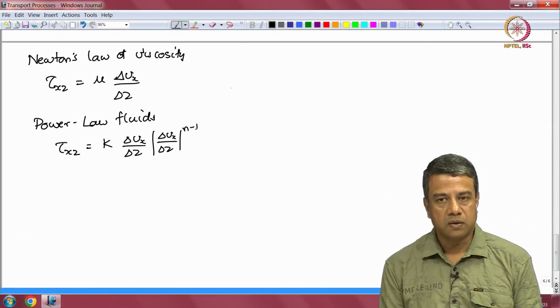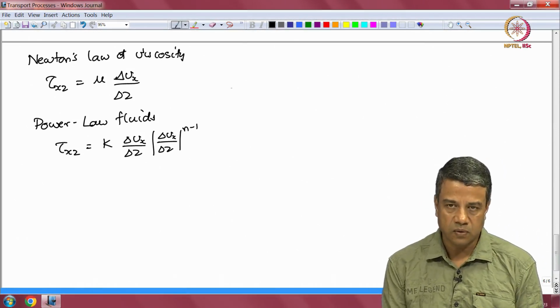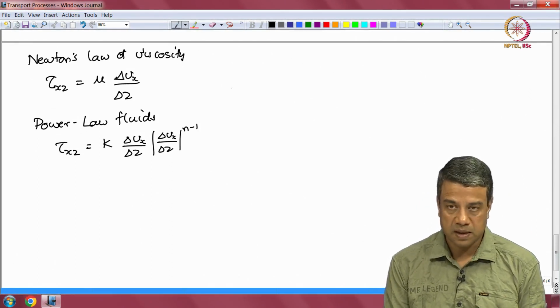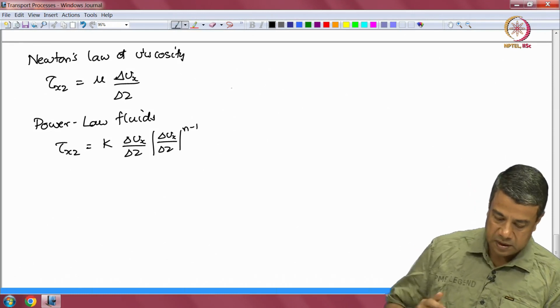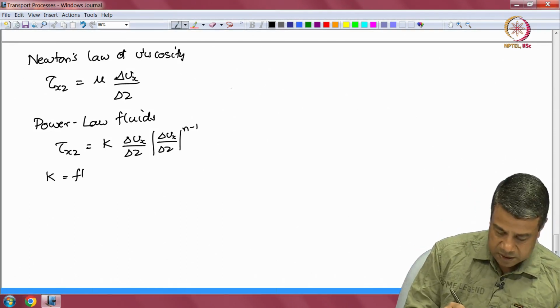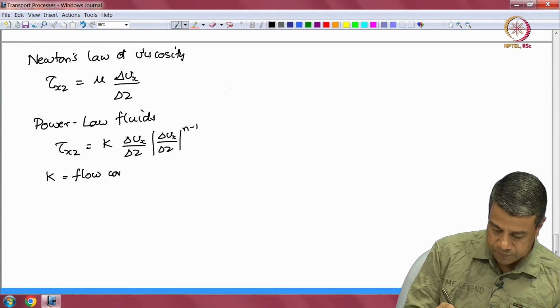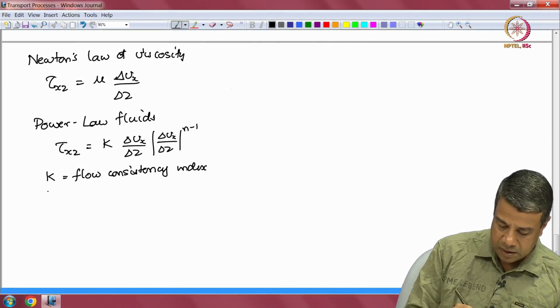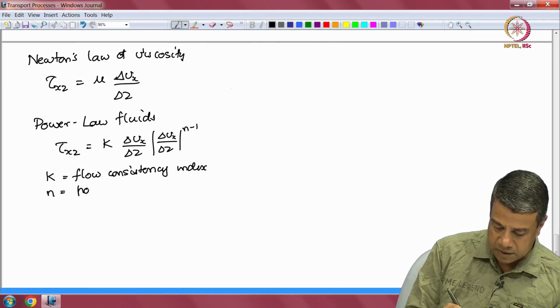Note that whereas Newton's law contains only one coefficient, the viscosity, this one contains two, kappa as well as n. Kappa is what is called the flow consistency index, and n is what is called the power law index.